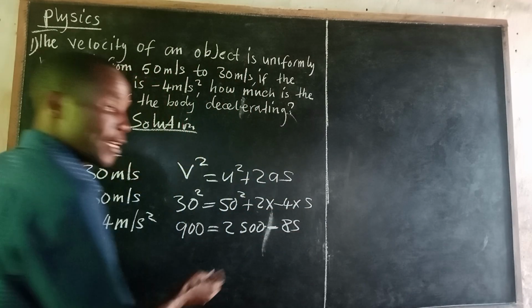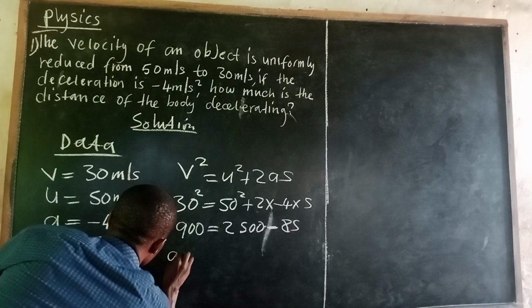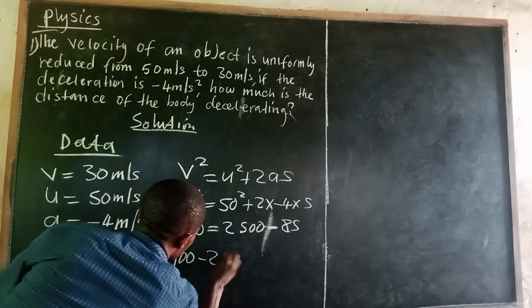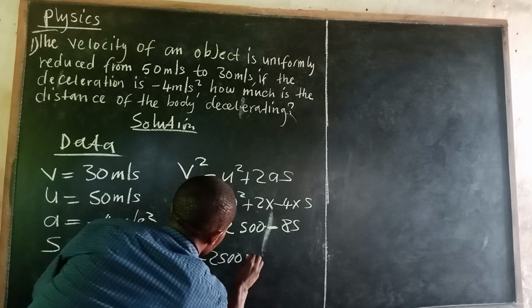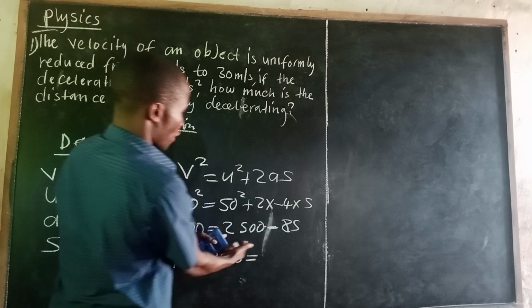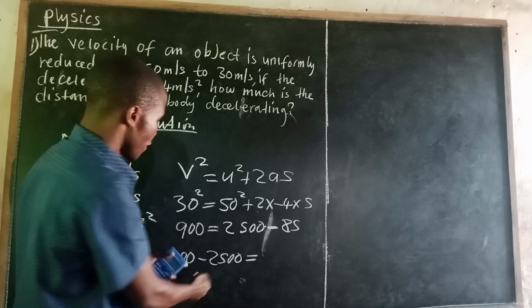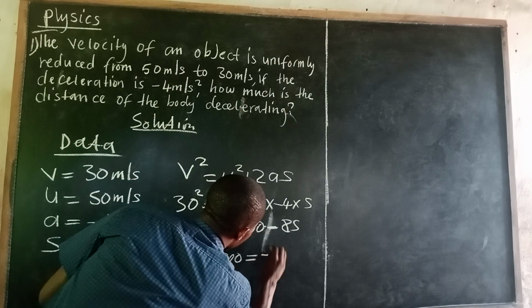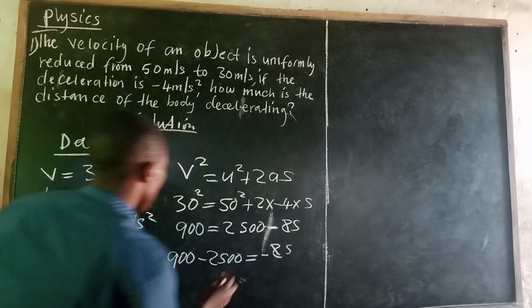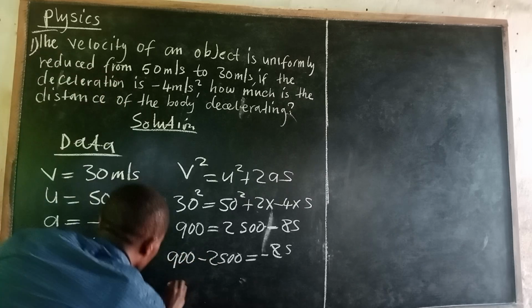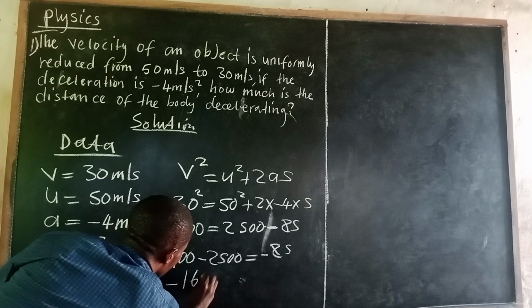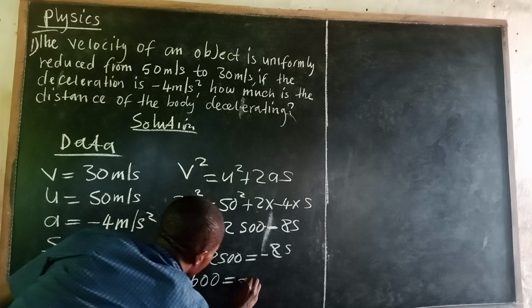Then we collect the like terms. We say 900 minus 2,500 equals negative 8S. The reason why this one has become minus is that it has crossed the equal sign. Then when you subtract, we have negative 1,600 equals negative 8S.